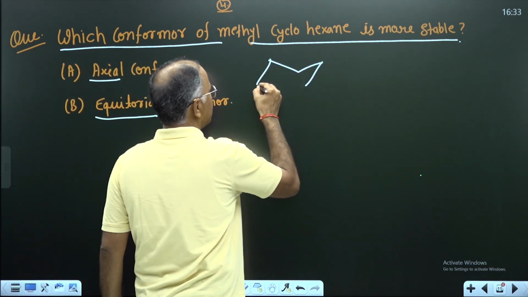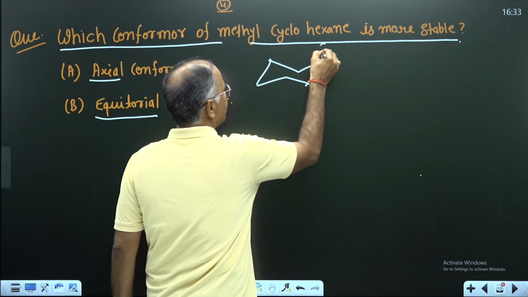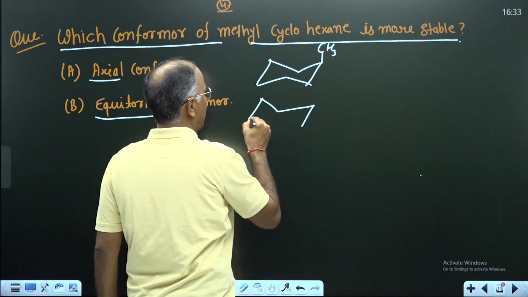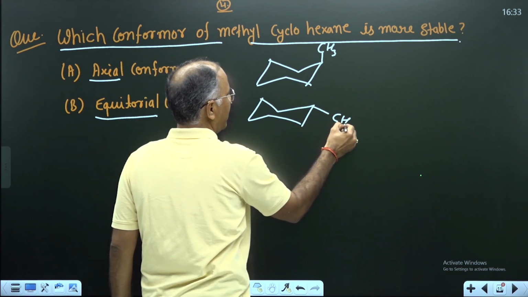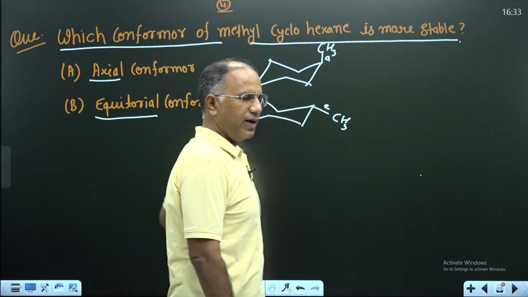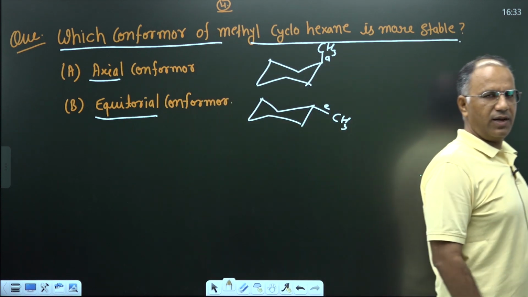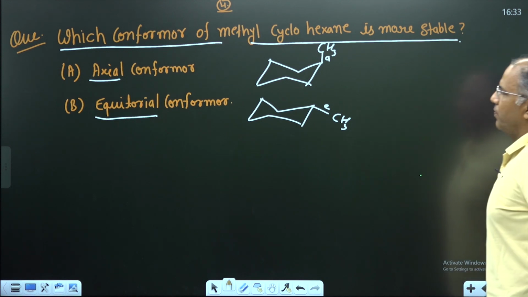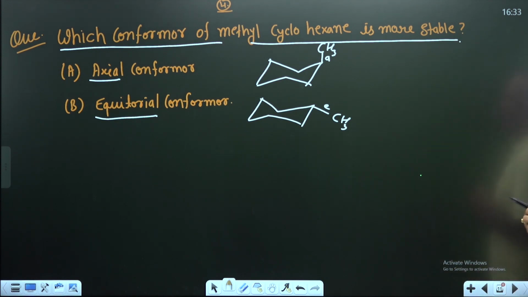The first option is methyl at axial position, and in the second option methyl at equatorial position. Now you have to determine which is the more stable conformer. Pause the video and try which is more stable, axial position conformer or equatorial position conformer.